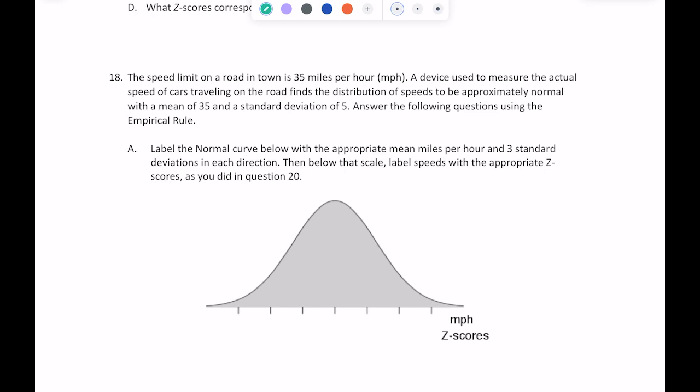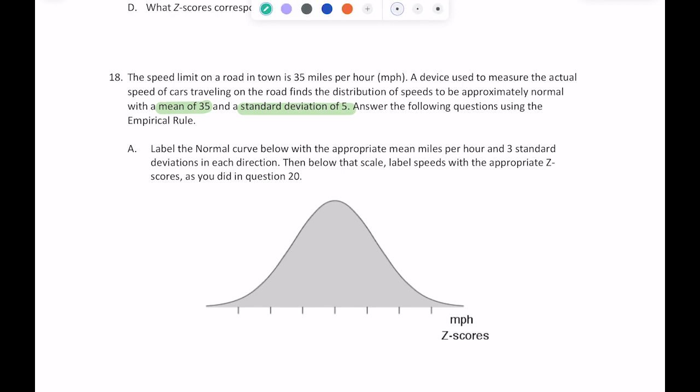Okay, and that's generally going to be the rule that we're going to follow for the remainder of the course. We want to answer the following questions using the empirical rule. So we want to then, below that scale, label the speeds with the appropriate z-scores as you did in question 20. All right, so if we look at the problem, they tell us that we have a mean of 35 and a standard deviation of 5.